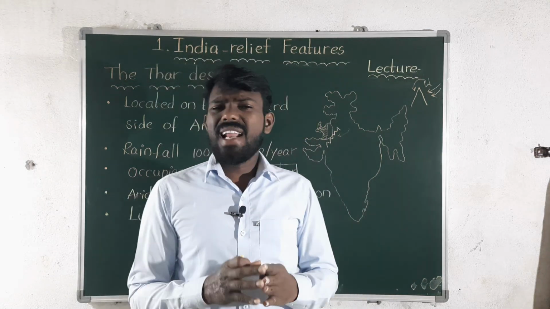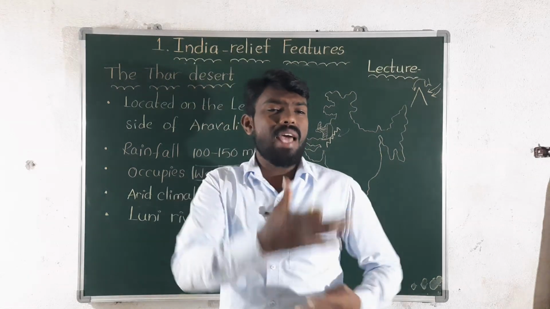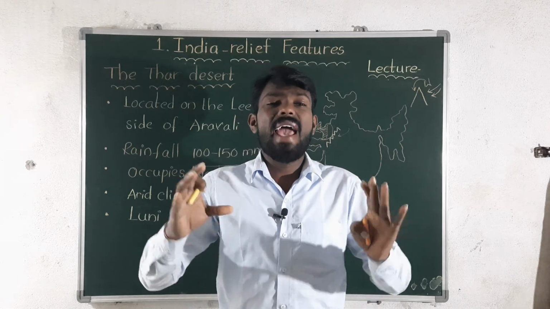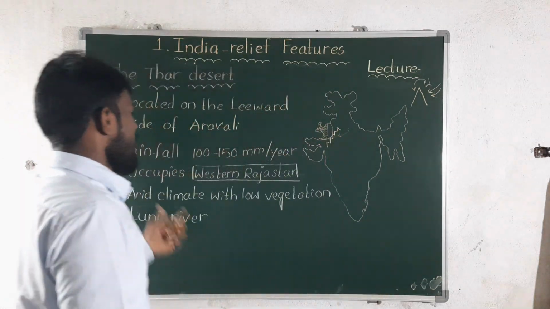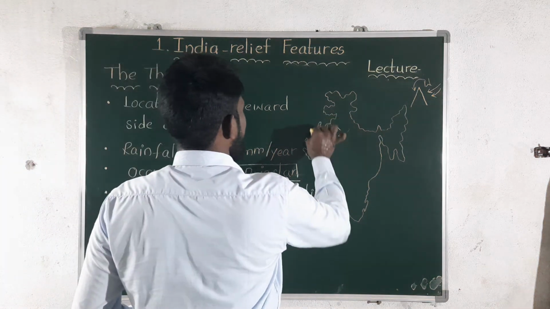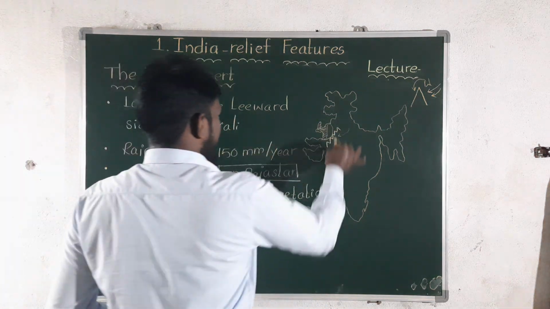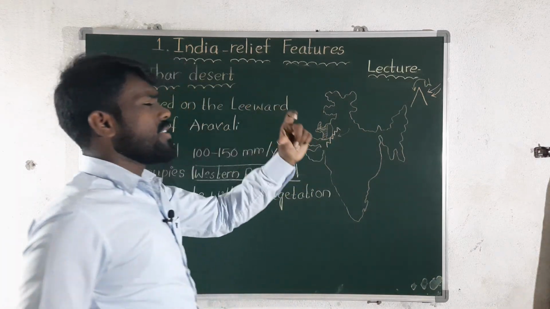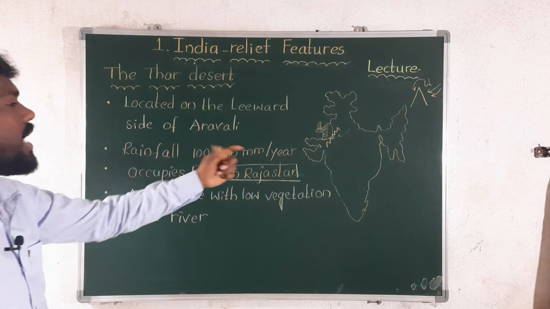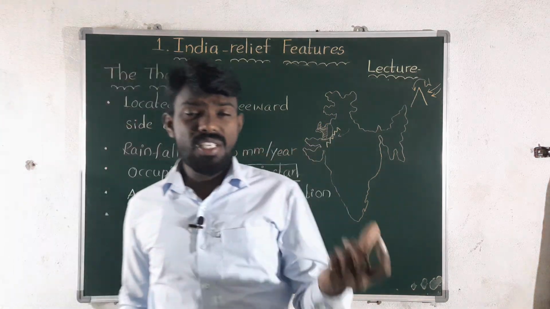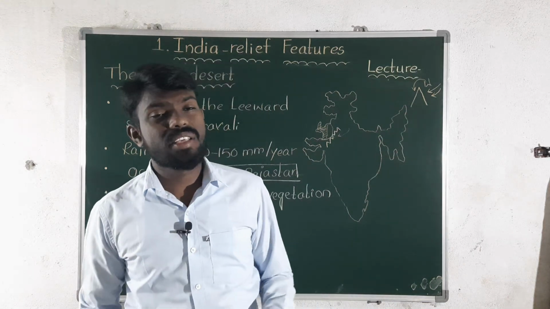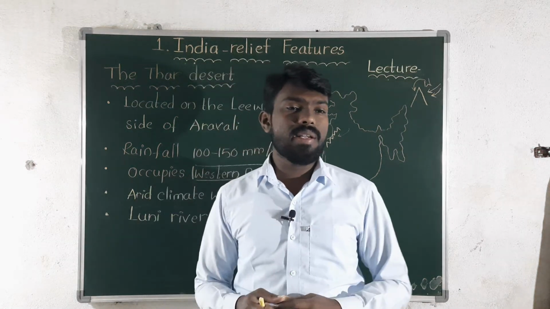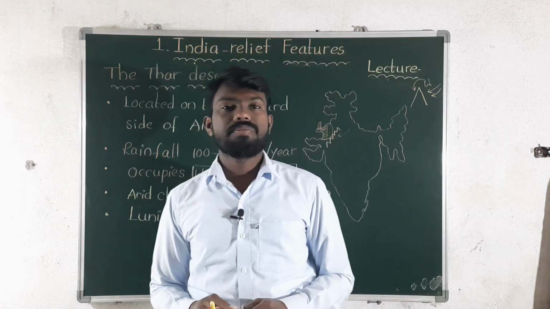The internal drainage rivers in Rajasthan drain into lakes but do not reach the ocean. That means they fill the nearby lakes and will not reach the ocean. That has to be remembered.